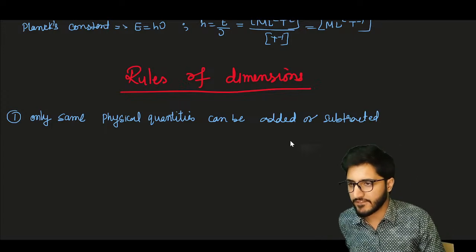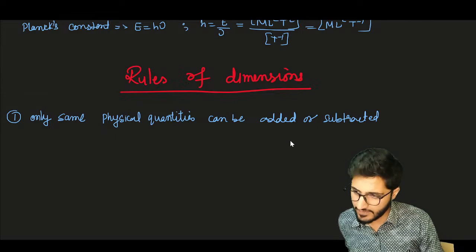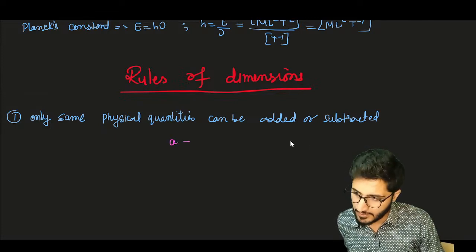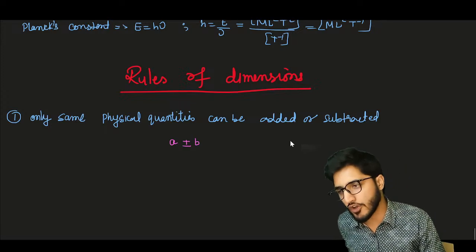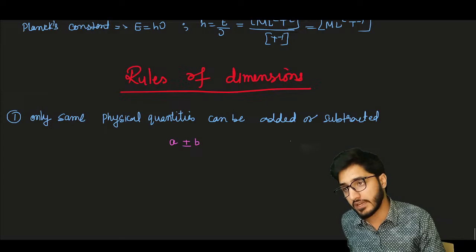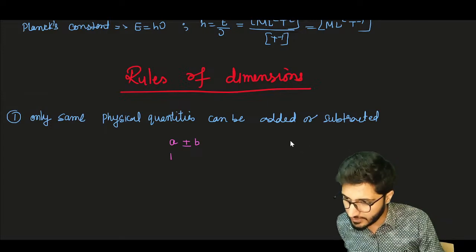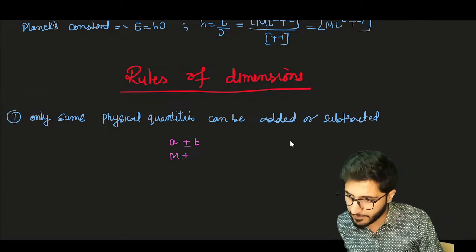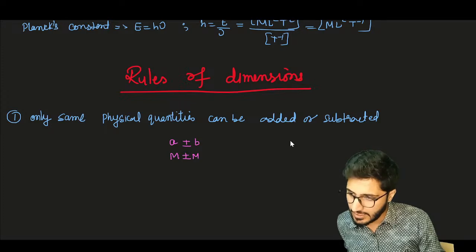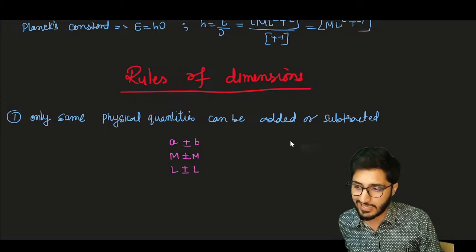That means if we are having something like A plus minus B, this is only possible when we are dealing with the same quantities. So mass can be added or subtracted with mass. Length can only get subtracted or added with length.